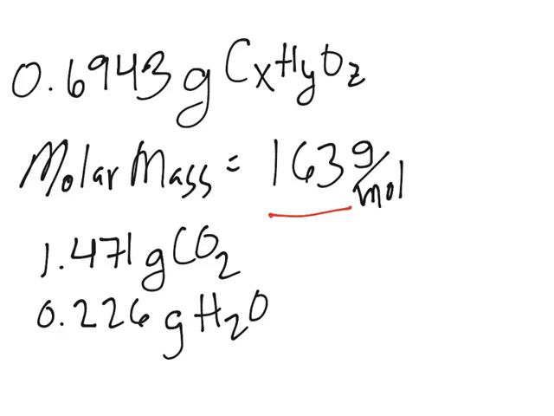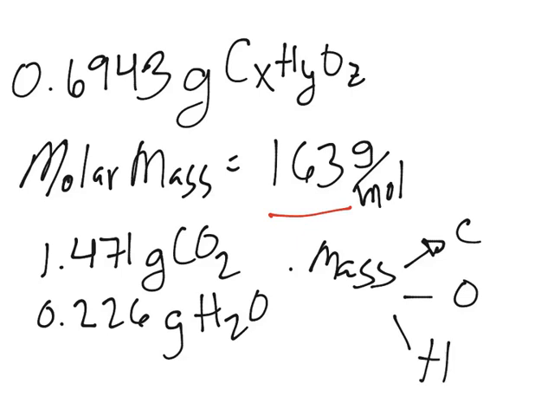So as I said before, the first thing we want to do is to obtain the mass of each of the elements. So we want the mass of carbon, oxygen, and hydrogen. And we're going to start this time with carbon. Doesn't matter if you start with carbon or hydrogen, but oxygen is always last.